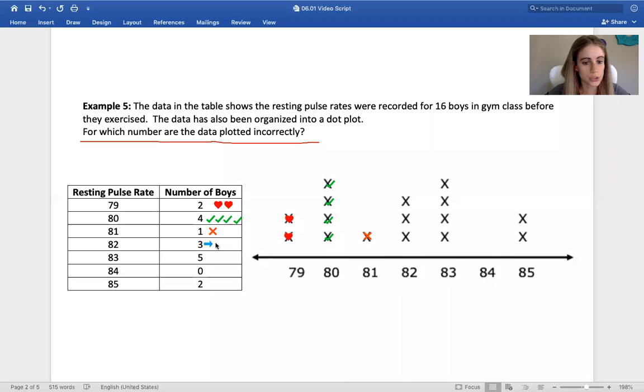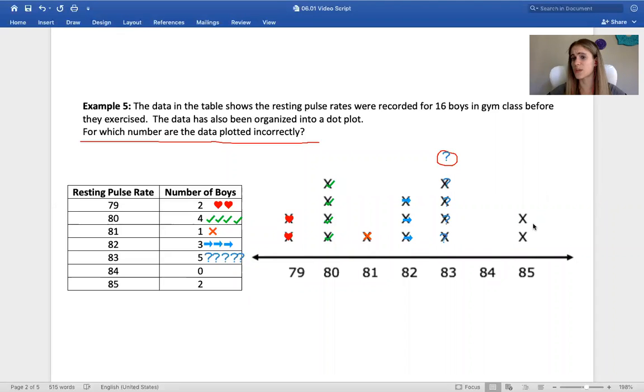All right, for 82, there's supposed to be 3. Yep, that's right. For 83, there's supposed to be 5. 1, 2, 3, 4. So I think we just found our mistake, because they were supposed to be 5, but there was only 4.